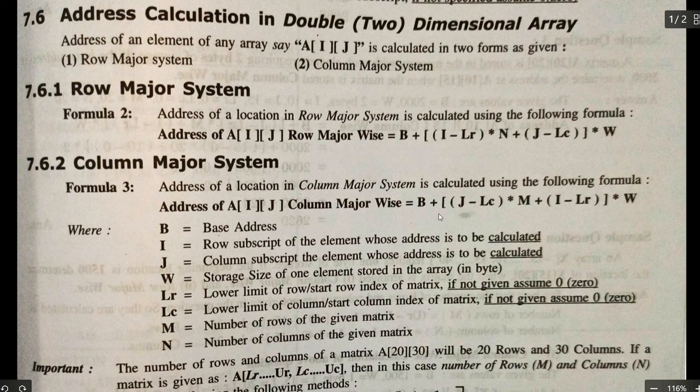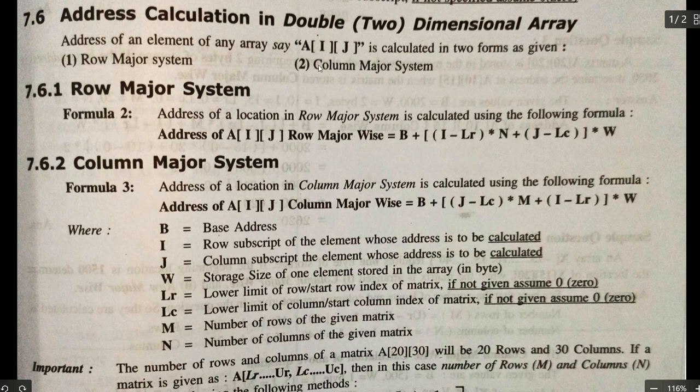Now, you should know the meaning of all these variables. B means the base address. It represents the base address of the array. I is the row subscript of the element whose address is to be calculated.